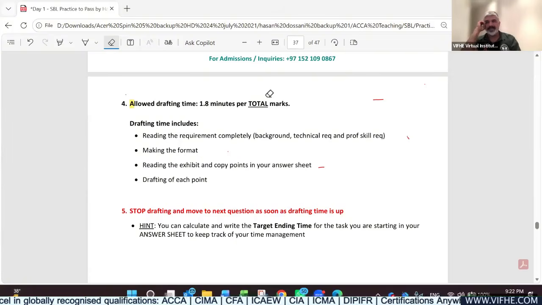A lot of students are saying we will move on. But some students are saying we will complete it ASAP. What does it mean? Meaning you will cross your allowed time.